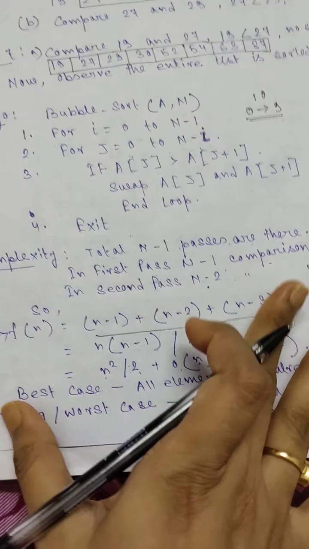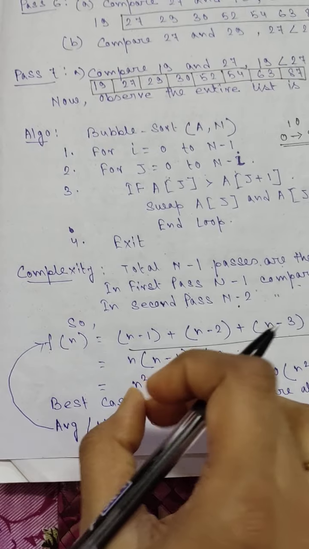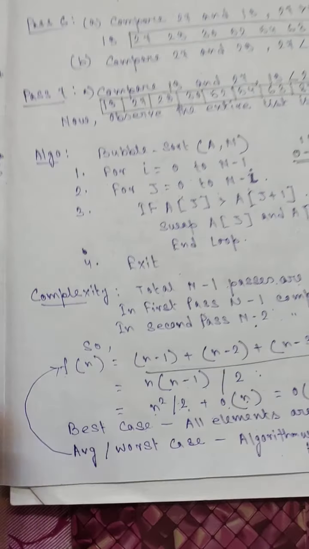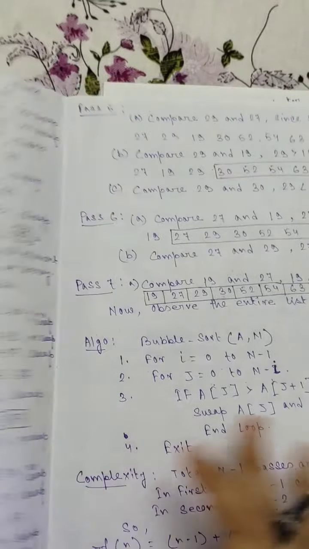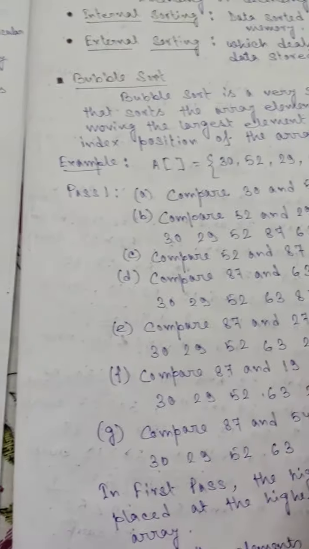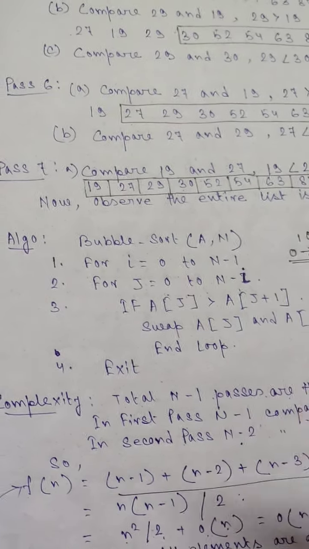So what is the advantage of this one? This is simple, but this is time taking. Because when we consider this small set, we swap or sort these elements in an average case, because from pass 1 to pass 7, that means 7 iterations are needed to sort these elements.